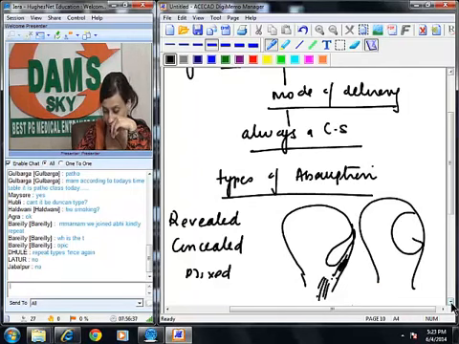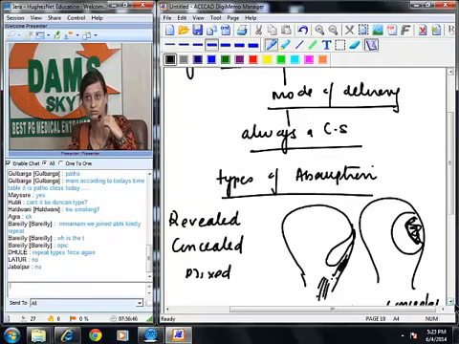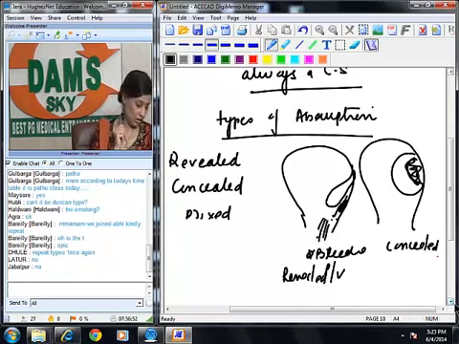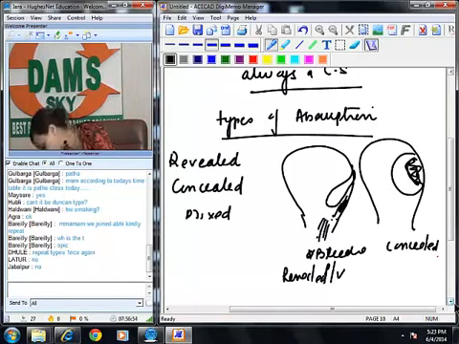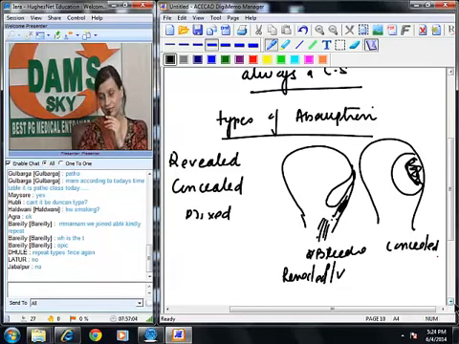When it results in the formation of a retroplacental clot, it is called concealed. So when all the bleeding that is occurring is coming out, it is a revealed type of hemorrhage. Whereas if the hemorrhage results only in the formation of a retroplacental clot, it is a concealed type of hemorrhage.